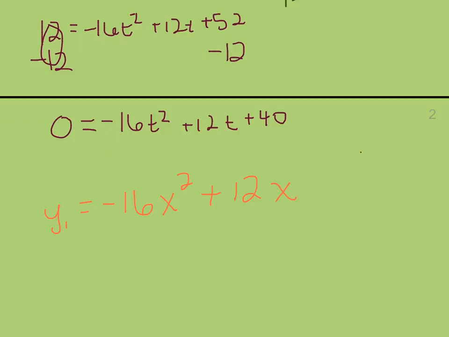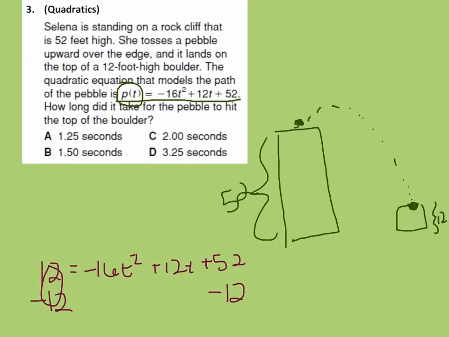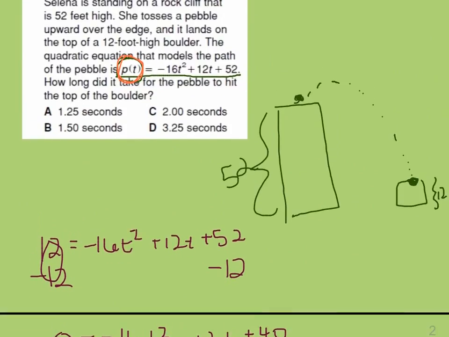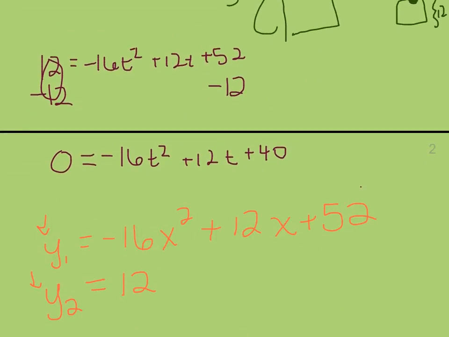And then we're going to put in our other y equals 12, because we want to know when this reaches a height of 12. We decided that y is our height, because t is time, and that's what we replaced with an x, as you can see here. Okay, so we have to set those two.